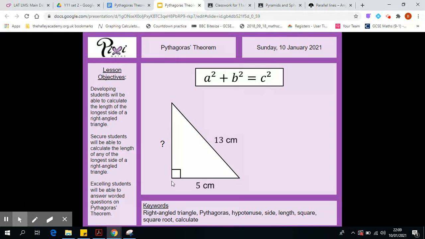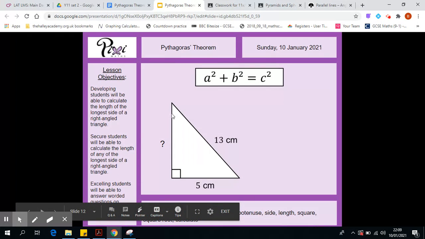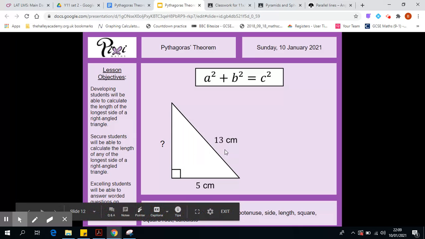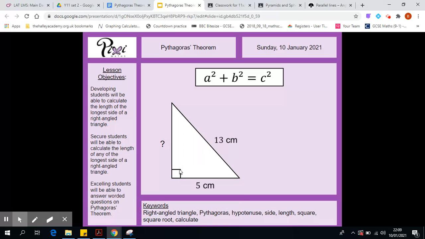Let's look at another example. You may notice we are not trying to find the hypotenuse. We are trying to calculate the length of one of the shorter sides. We know the hypotenuse is opposite to 90 degrees, so the right angle.